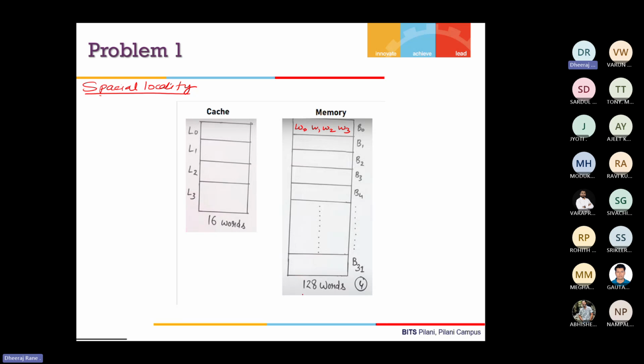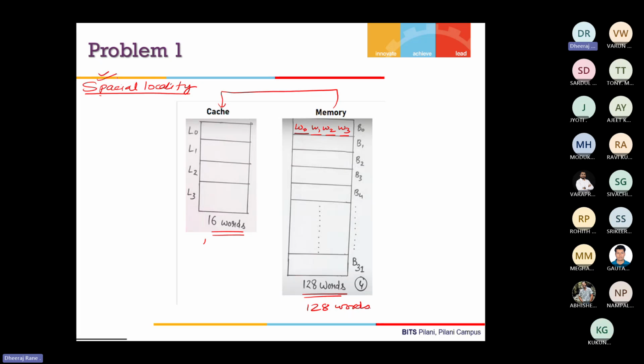So this is 128 words. This is 16 words. What does it mean? Whenever B0 is to be transferred from memory to cache, all these four words will also be transferred, right? So that's why right from the beginning I have written the logic that it will be the spatial locality that will be considered.